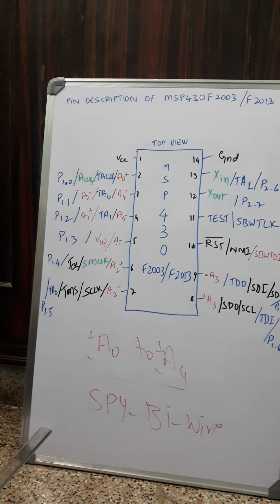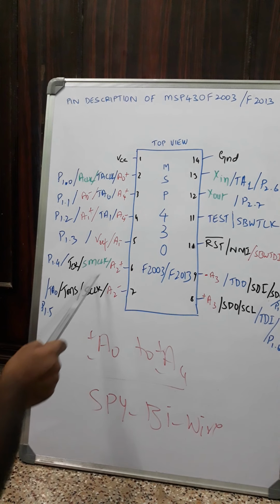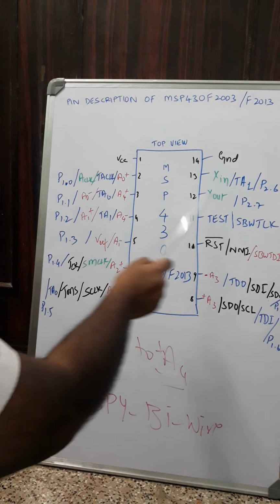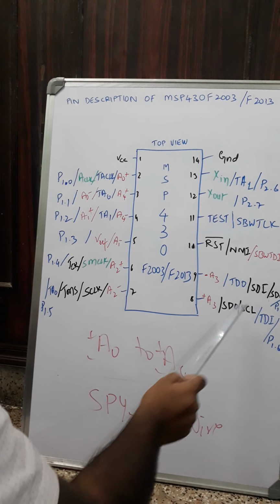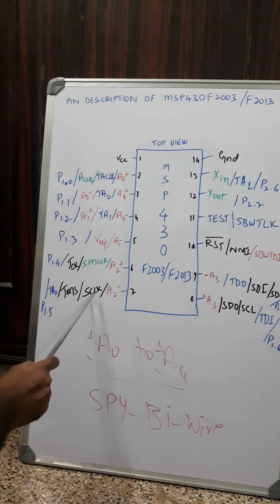Then coming to SPI, synchronous peripheral interface, you need an SCLK. Where is it? SCLK. So here it is.